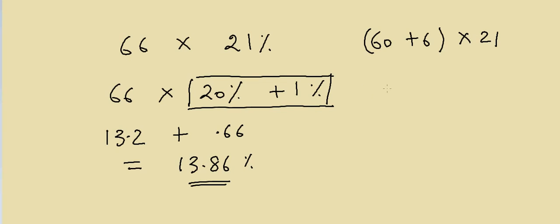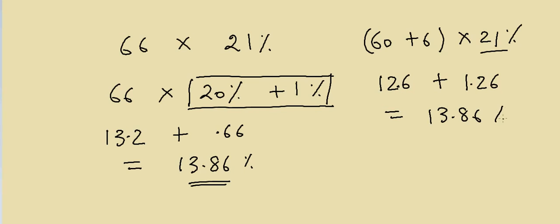So 60 into 21, that is 2 into 1, 26, so 21% of 60 is 12.6, and 21% of 6 is 1.26. So we can add them together and that will be equal to 13.86. So this is only about how you are making the calculation easier.